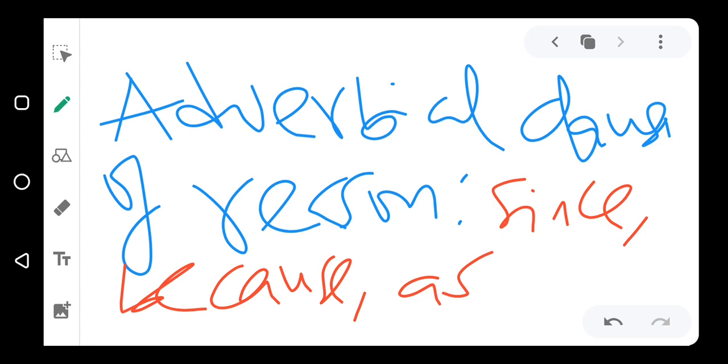I said that adverbial clause of reason is used to identify why a verb performs its action in a sentence. And the markers for it are since, because, and as. We also have the one we call adverbial clause of manner. The manner tells us how the verb performs its action.